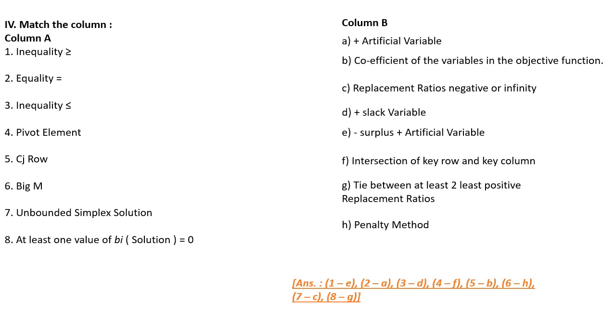Seventh, unbounded simplex solution. Correct answer option C, replacement ratio negative or infinity. Eighth, at least one value of the basic solution equals 0. Correct answer option G, tie between at least two least positive.